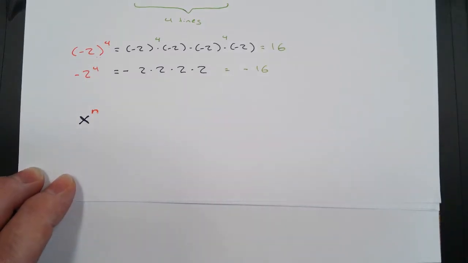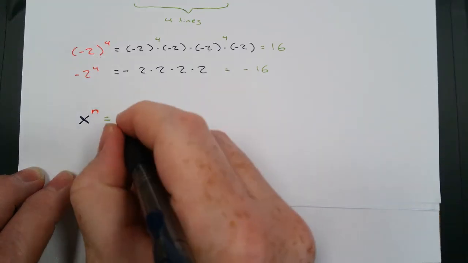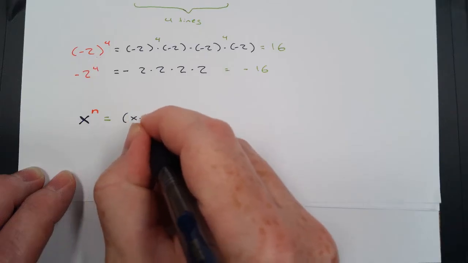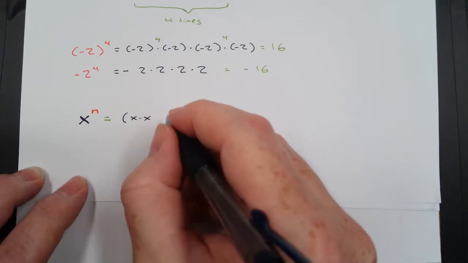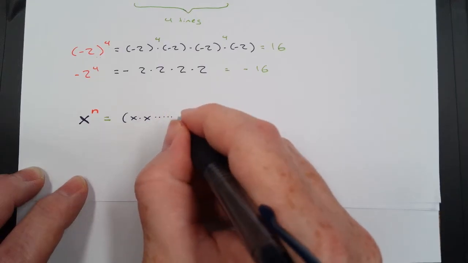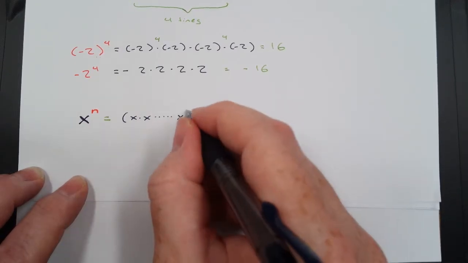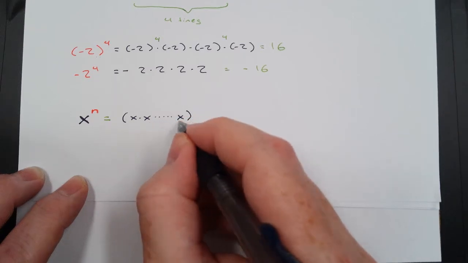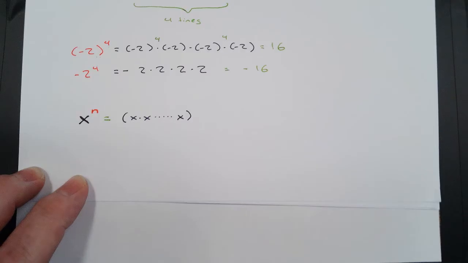So what happens when we do x to the n? We get x times x, no idea how many times, but we just keep multiplying x. That's what the dots in the middle mean. It means it keeps going times x. How many times?